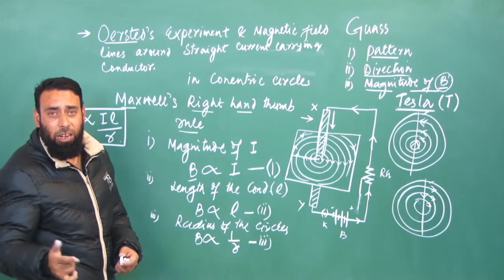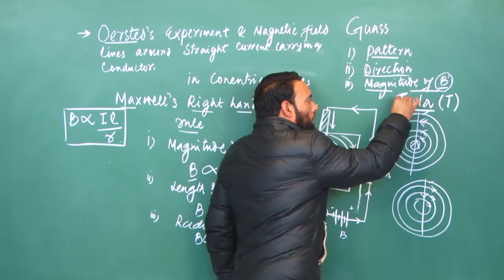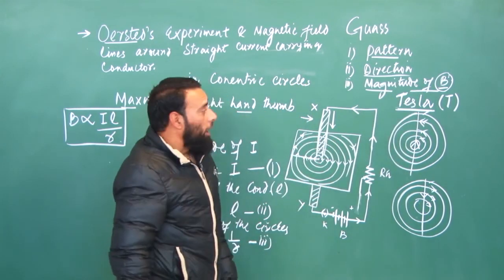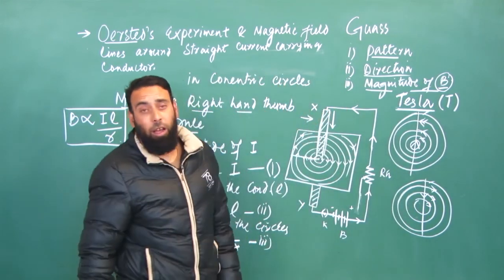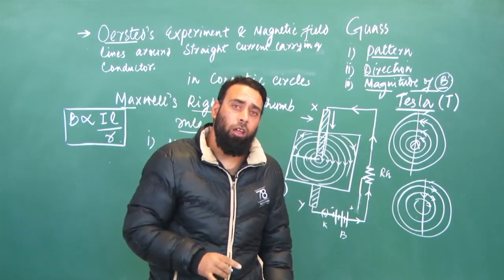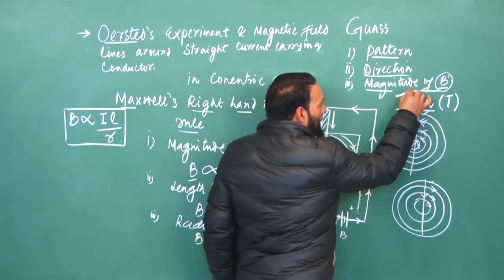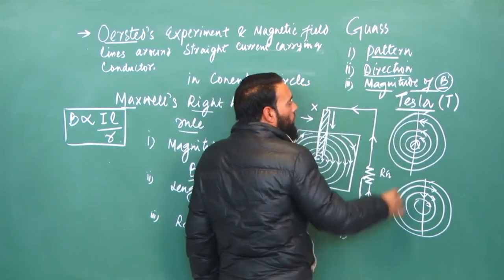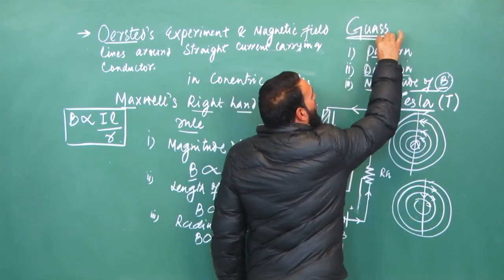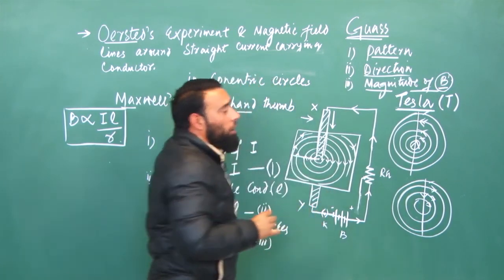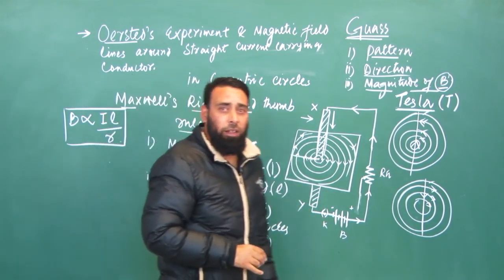To measure the magnitude of field strength, we use the unit Tesla, given in honor of the great scientist Nikola Tesla. And Gauss is another unit to measure the magnitude of field strength.